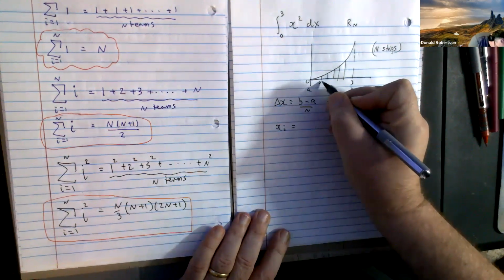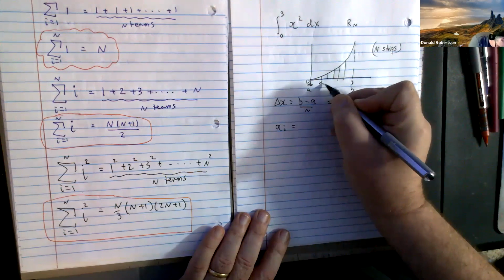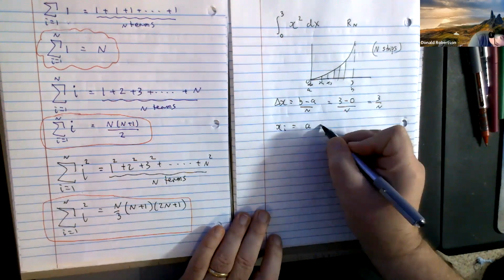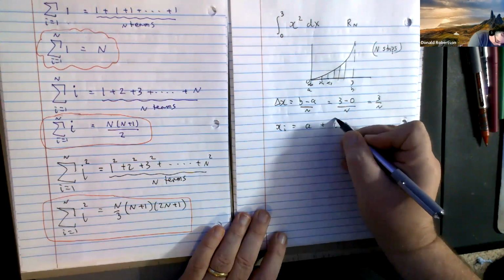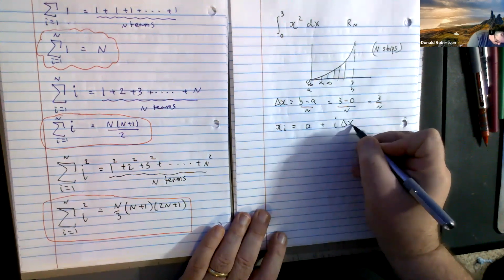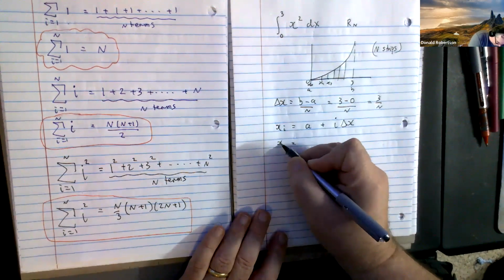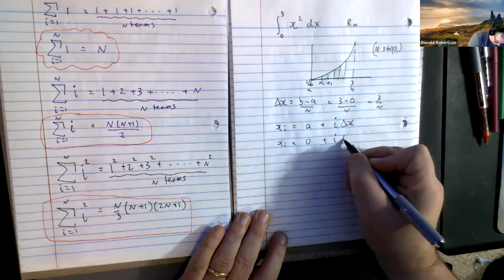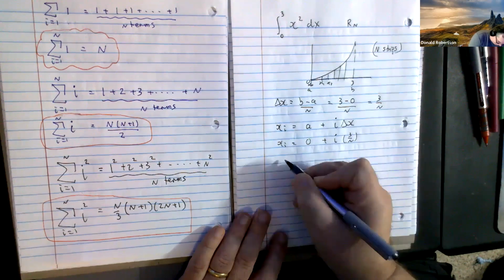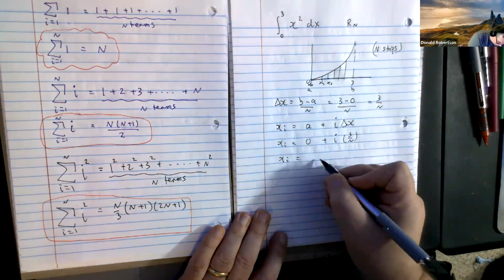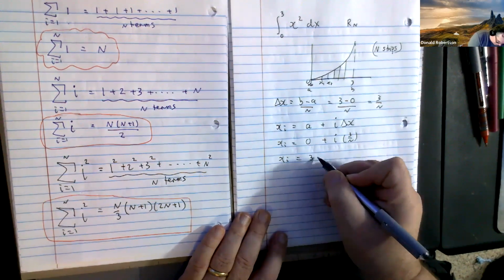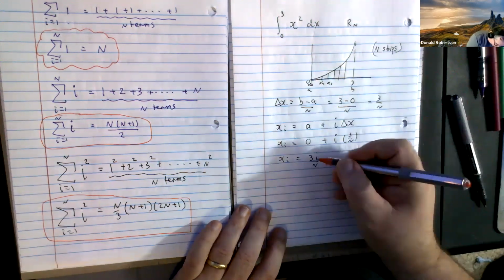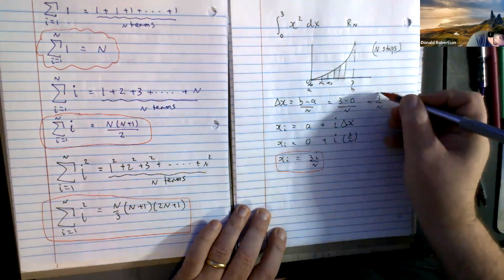That xi would be, you know, that's x0, that's x1, that's x2, and all that good stuff. xi is a plus i times delta x. So it's 0 plus i times that fella. So there's this guy. He's important.